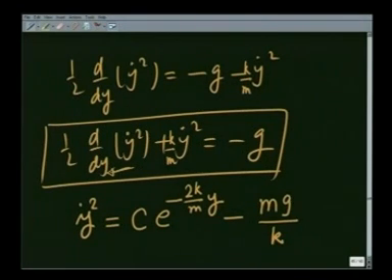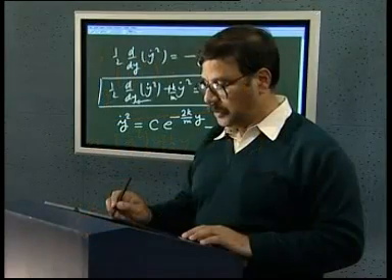You can directly substitute this and then see, if I substitute y dot square with mg over k, it gives me minus g, and this satisfies the homogeneous part. Now to initial conditions.